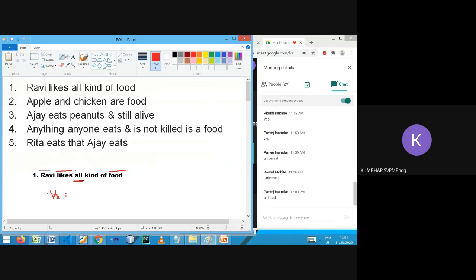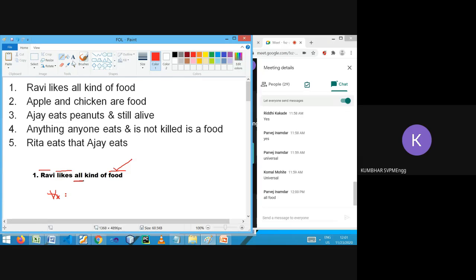All kind of will not be a predicate. So now we have three options. And yes, Parvez is saying food. All kind of food, not all Ravis. So all x must represent food.